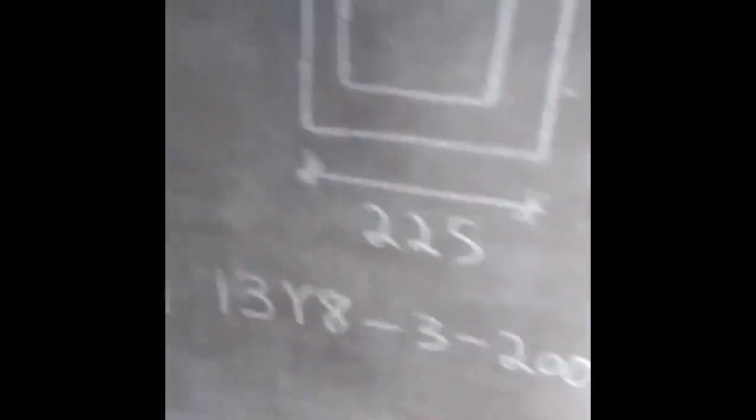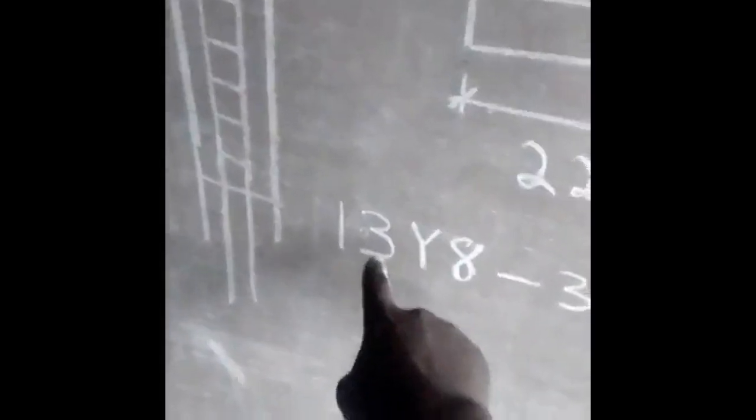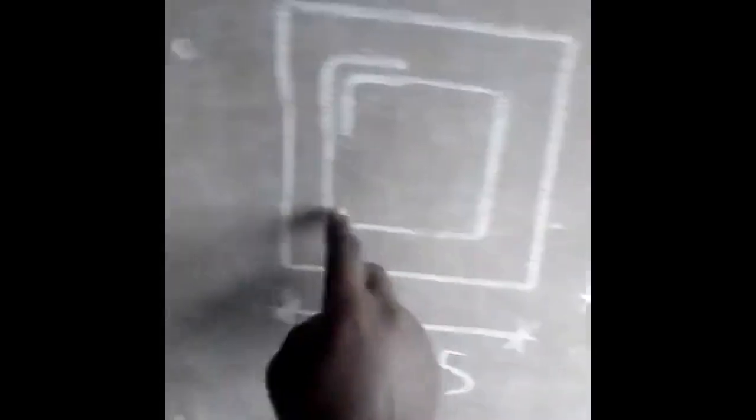Now, our main aim is how to calculate the total number of rods required for stirrups. It's very, very simple. You have already been given 13 stirrups. The next thing is to get the cutting length of these stirrups.